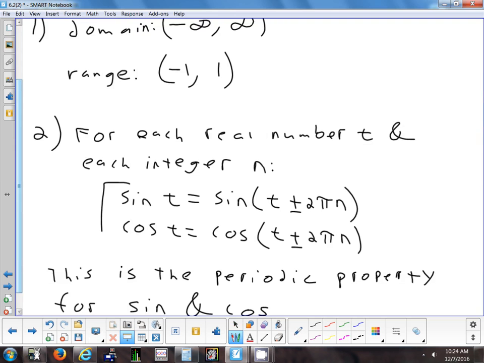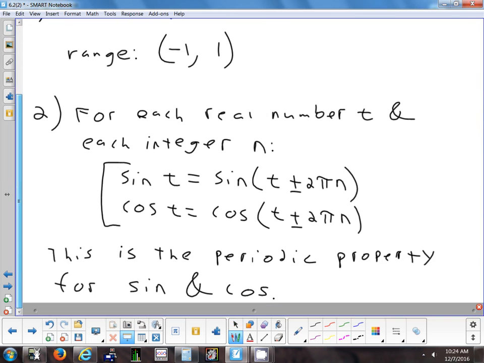Said in words, coterminal angles have the same sine and cosine values. That's called the periodic property for sine and cosine. What's n? n is any integer: 2 pi times 1, 2 pi times 2, 2 pi times 3, any integer multiple of 2 pi.